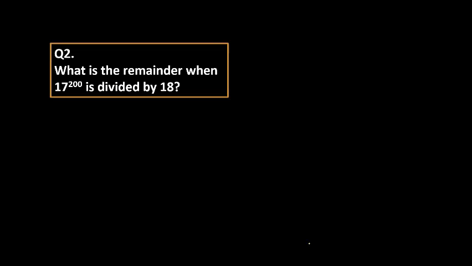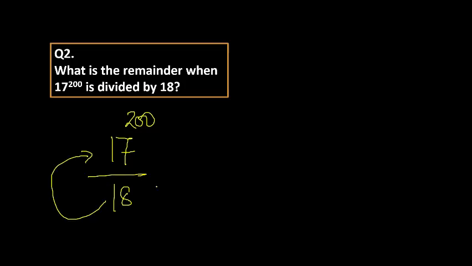Next one, try this. Fast, everyone. 17 raised to the power 200 divided by 18. Try to make 18 on the upper side. So now you have to write it as 18 minus 1.